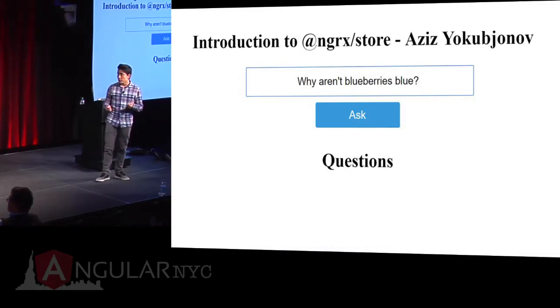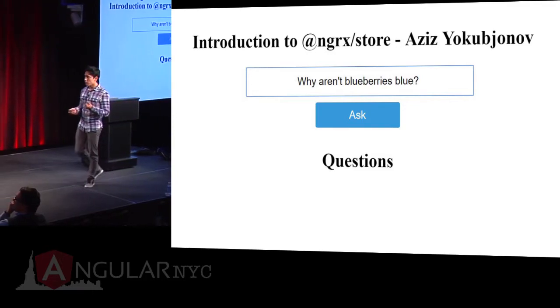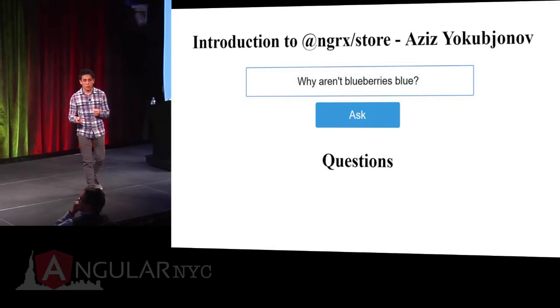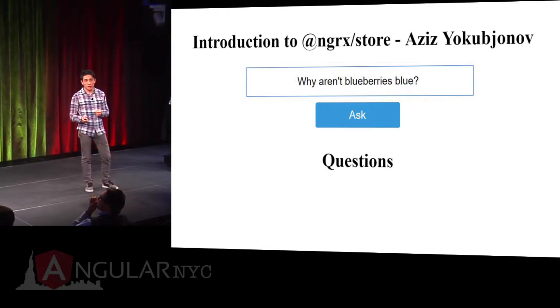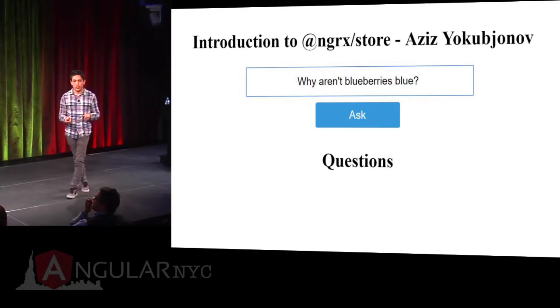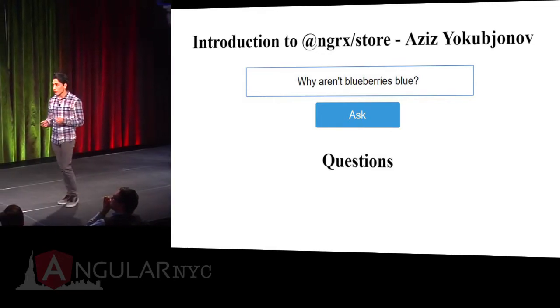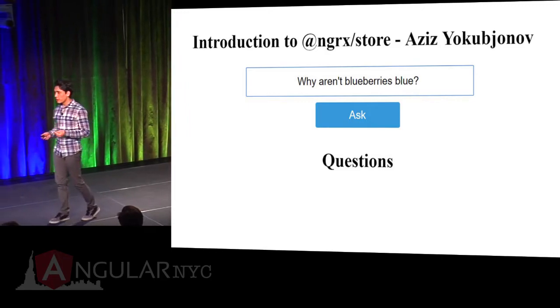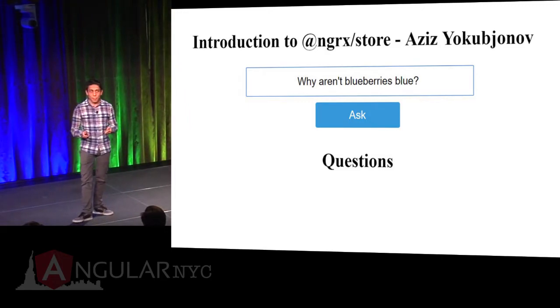So if we take a look at the app that I gave you a link to earlier, here's the simplified version of it. Normally, in an application like this, when we click the ask button, we usually just push a new string to an existing array, right?